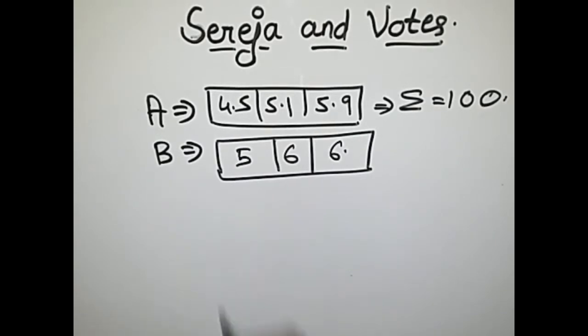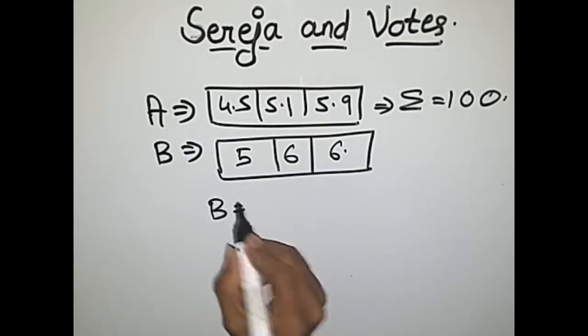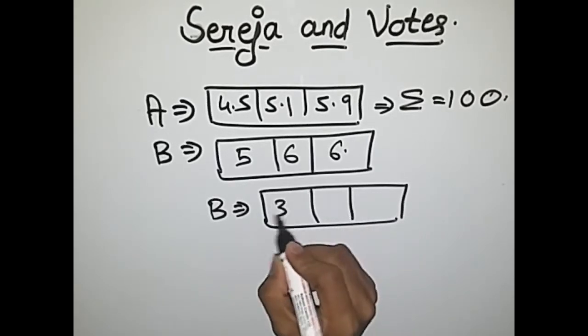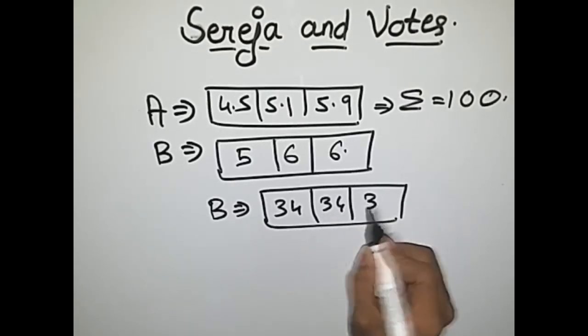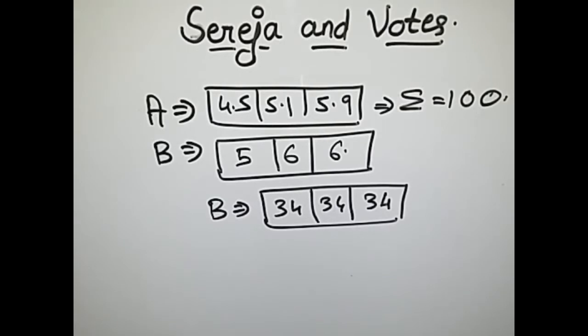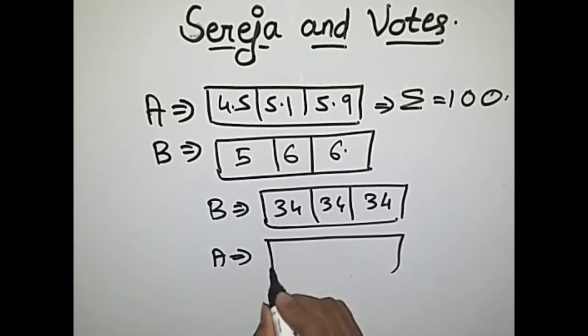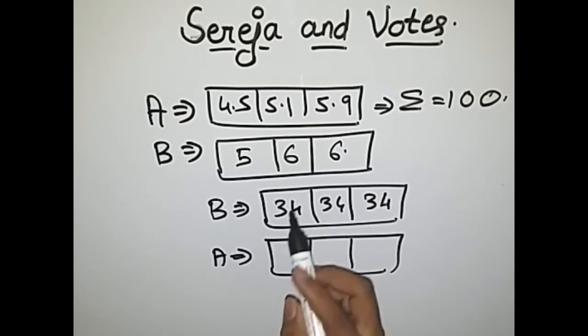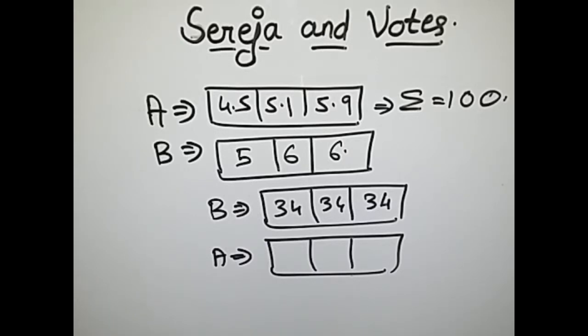Let me show you an example. Take an example where array B is equal to 34, 34, 34. Now is there any possibility of array A whose sum can be equal to 100? Of course the values in this will be greater than 33, because its rounded off value is 34, so it should be greater than 33 and less than or equal to 34.